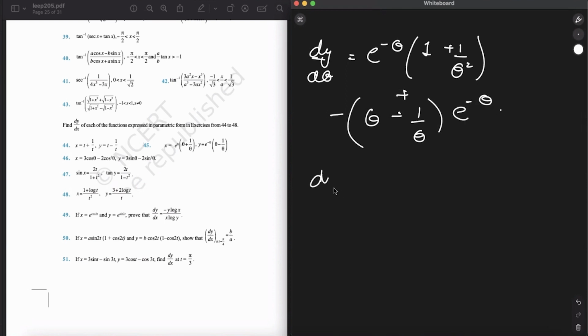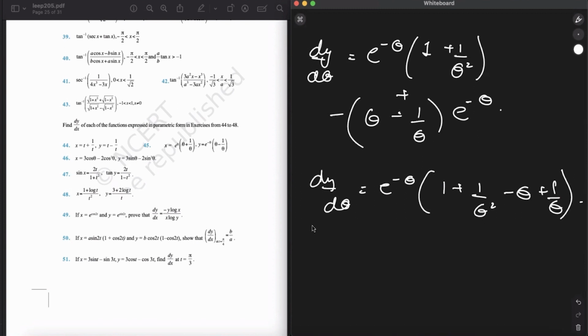So dy by d theta will come out to be e to the minus theta, 1 plus 1 upon theta square minus theta plus 1 upon theta. This is your dy by d theta.